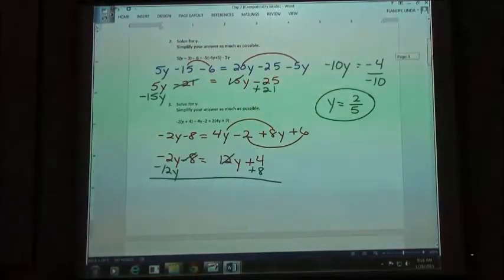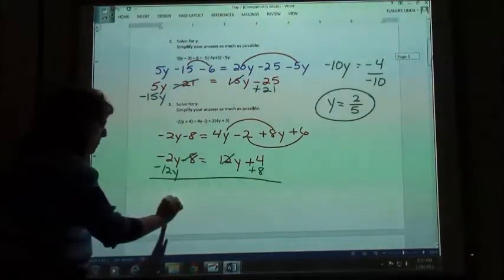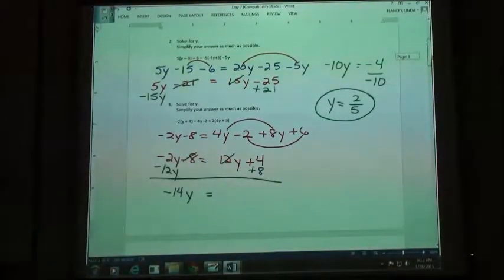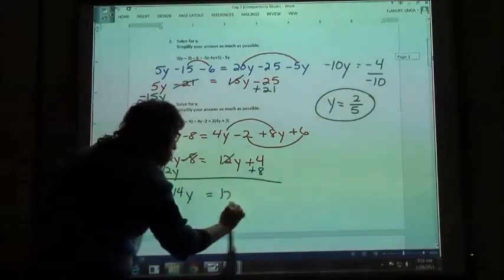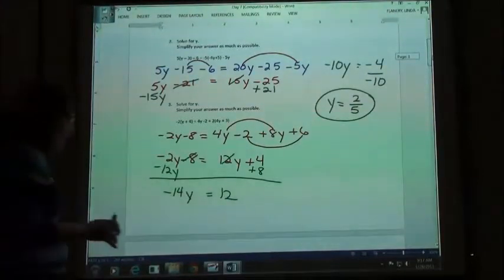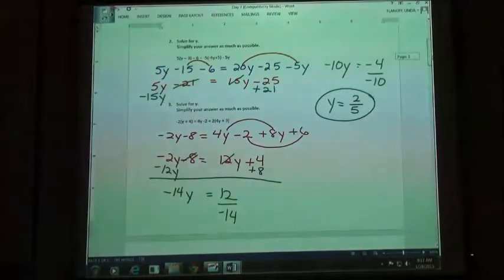I then would get negative 14y plus 12 equals 12. And my last step, I'm going to divide by my coefficients and simplify my fraction.